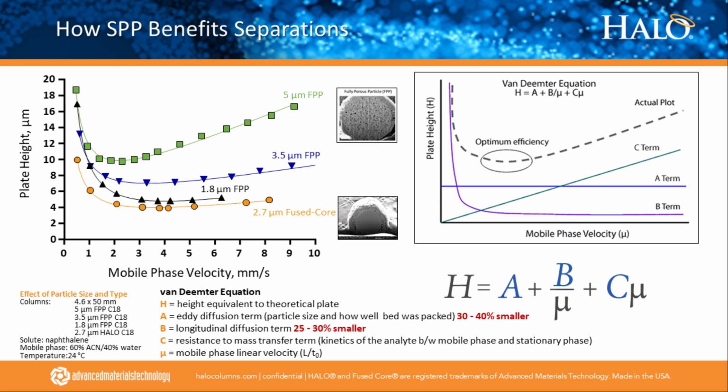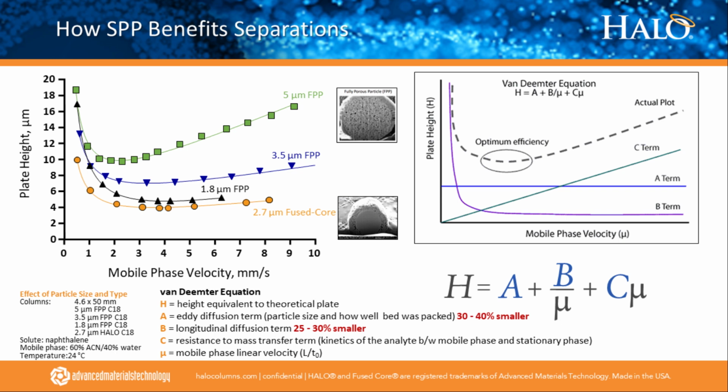You can compare that to the bottom focused ion beam SEM, where you have that solid silica core surrounded by a porous silica shell. It's really this particle morphology that enables the high efficiency, high speed separations of superficially porous particles.